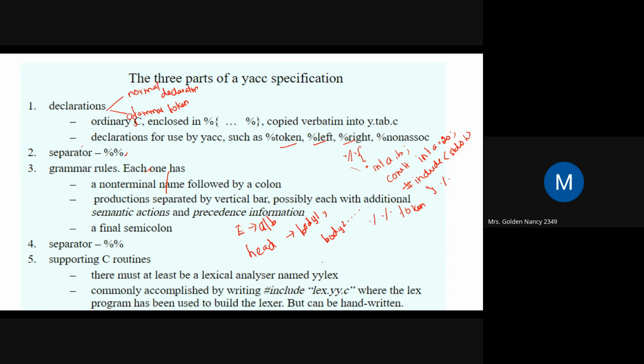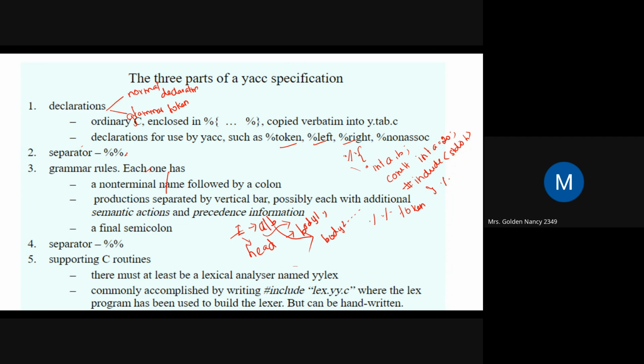E is nothing but the head; E is represented as head here, A represents body 1, and B represents body 2. Likewise you can use these grammar rules. The non-terminal name is followed by a colon and produces bodies separated by a vertical bar, possibly each with additional semantic action and precedence information.